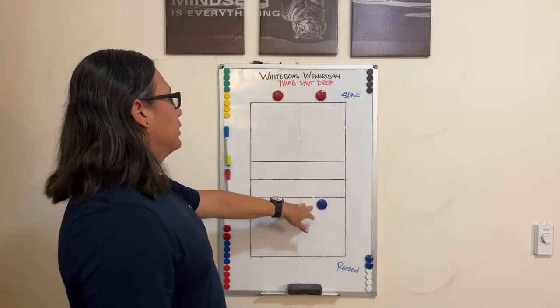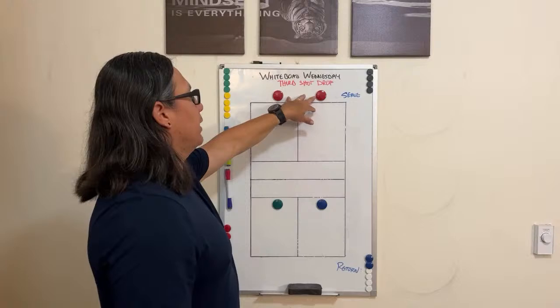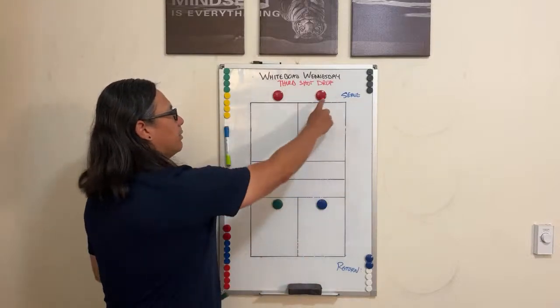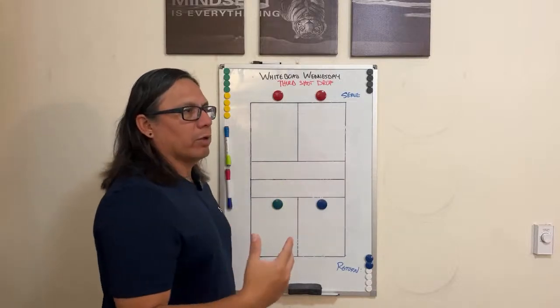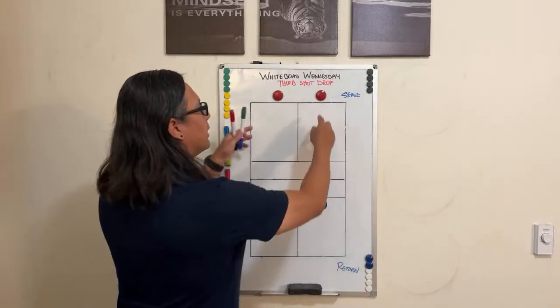Now you look, this team has the advantage, this team has a disadvantage right here. So this team now has to work on getting to the no volley zone line. And one of the best ways to do that is hit a third shot that's a drop shot. So that's why I called it third shot drop, and work their way as a team to the non-volley zone.